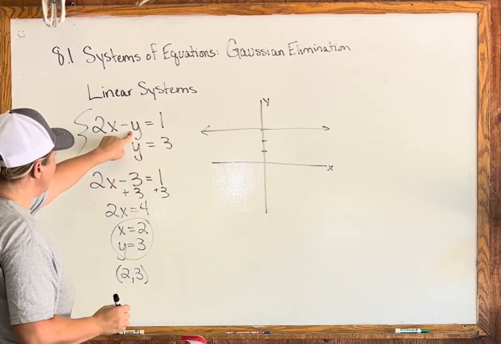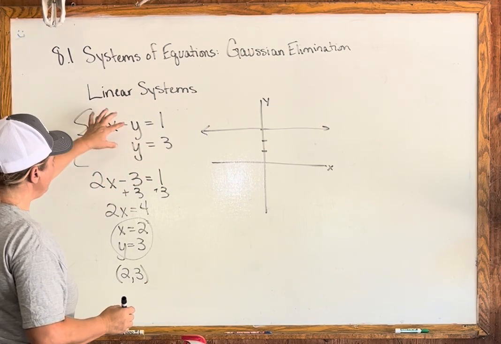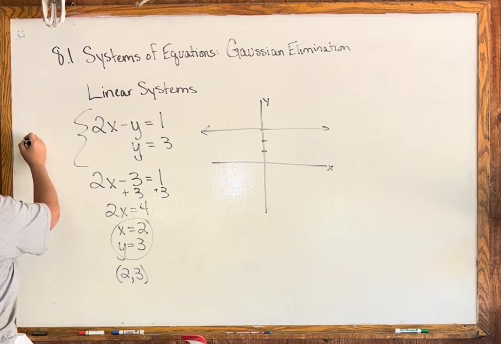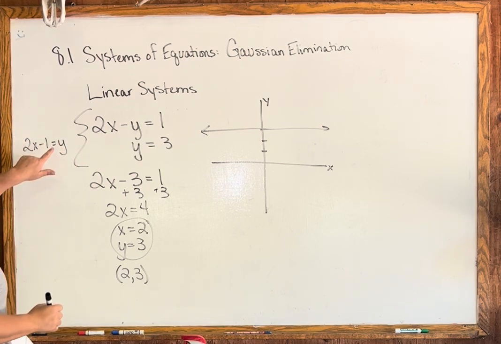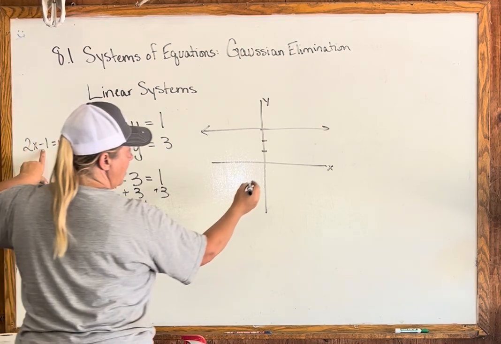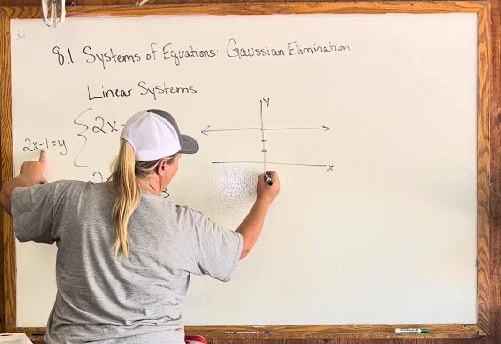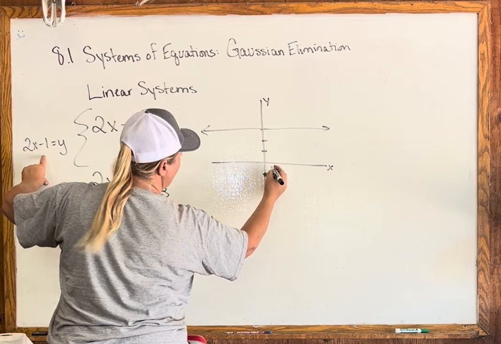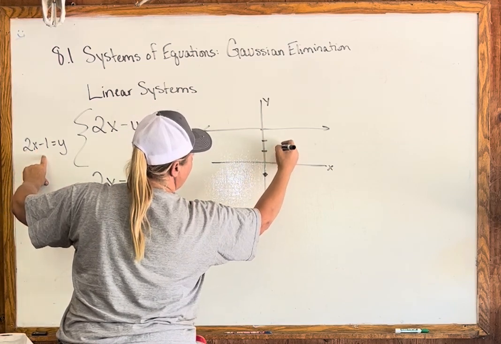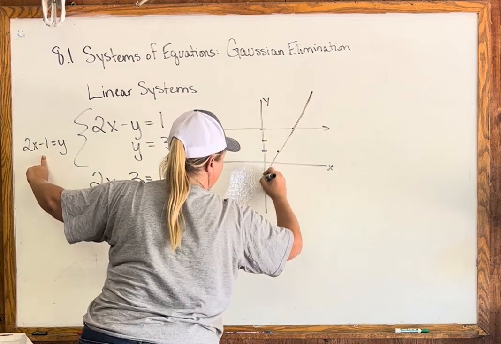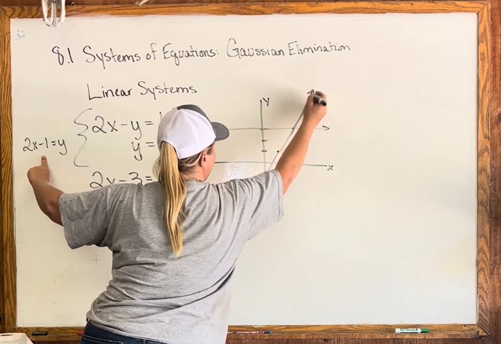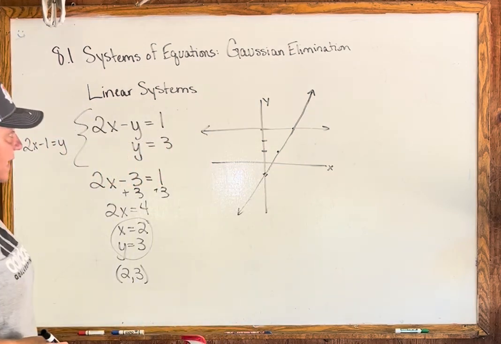And this one, if I move things around a little bit, becomes 2x minus 1 equals y. So there's the y equals mx plus b formula. This guy is going to go through the point -1 and then go up 2 over 1, up 2 over 1, up 2 over 1. So this line, excuse my not very linear lines, goes like that.